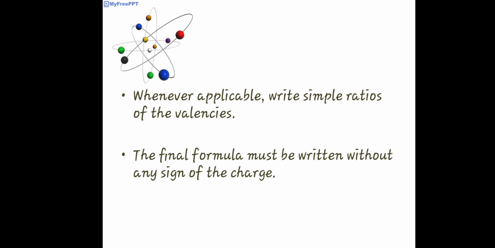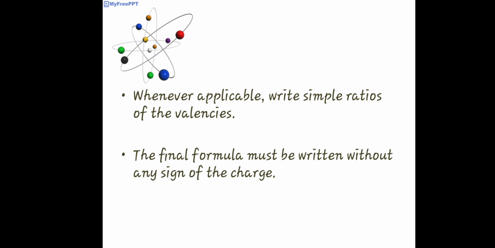You can use this to easily see the valence number of each element. Next, whenever applicable, write the simple ratio of the valencies. What is this called, simple ratio? You have to simplify the number of valency into the lowest form. This is applicable if the valency number is a whole number, for example 4 and 2.